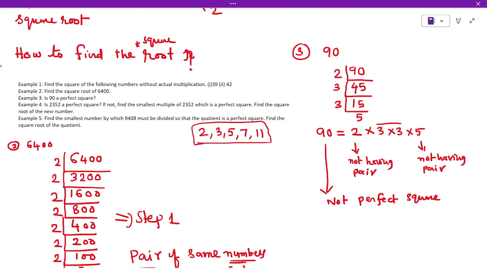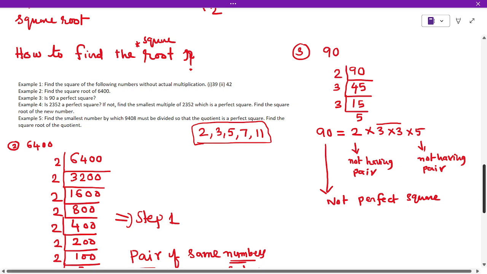Okay. So let us move to question number 4. Is 2352 a perfect square? That is the first question. If not, find the smallest multiple of 2352 which is a perfect square, and find the square root of the new number.